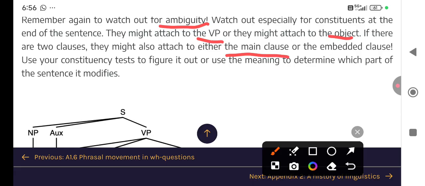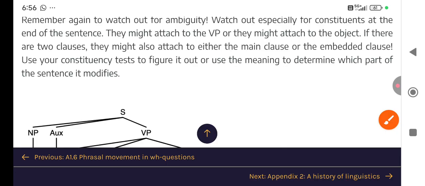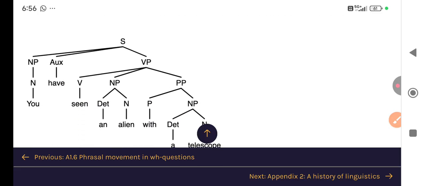Use your constituency test to figure it out. It means we have to find the ambiguities, interpret first, and after interpretation we should draw the diagram. This is the conclusion.